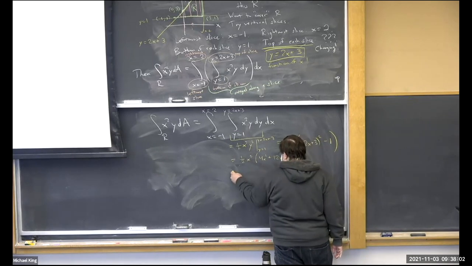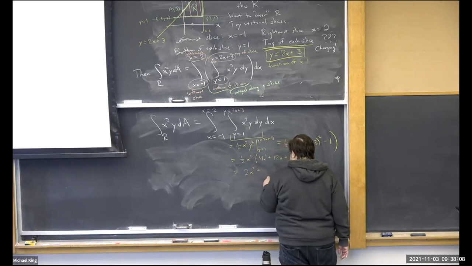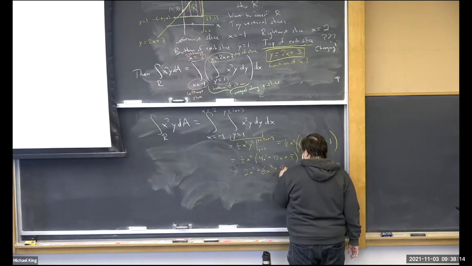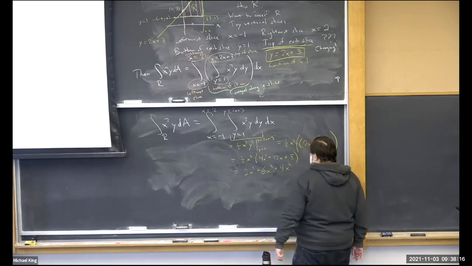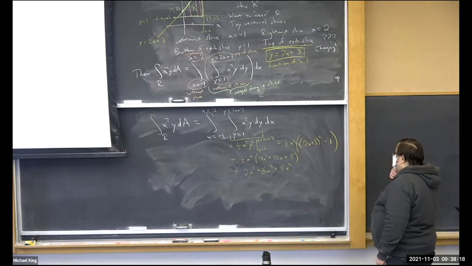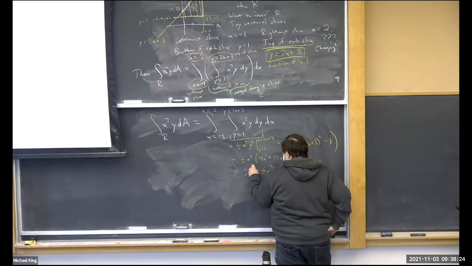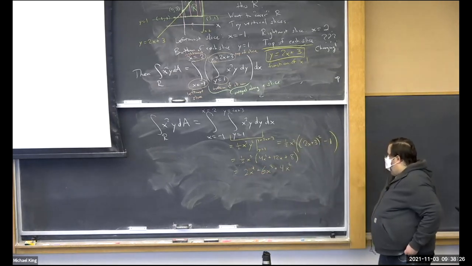These are all even. Let's pretend I did that on purpose. So that's 2x squared plus 6x cubed plus 4x squared. I think that is the inside integral. No, this should be a 4th power.